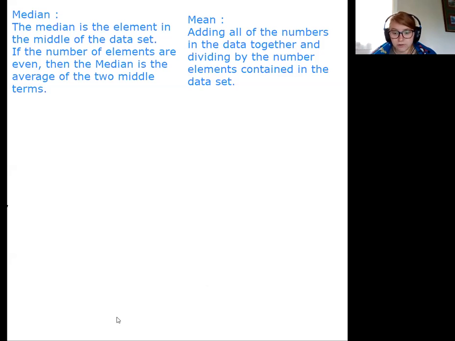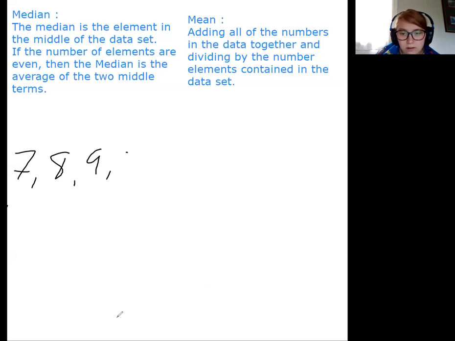So what was I doing? The median. So for this one, we need to write them in order from least to greatest. So our smallest number is 7, 8. There are 2 9s. And then 11. That's too far away. I'm never going to fit 12 numbers. I'm starting over.